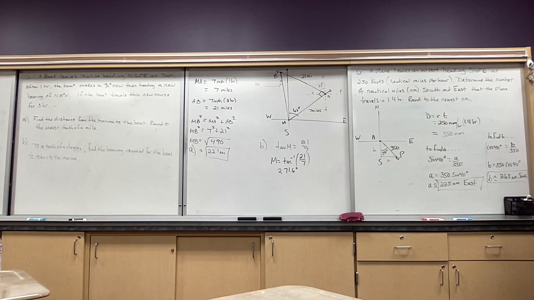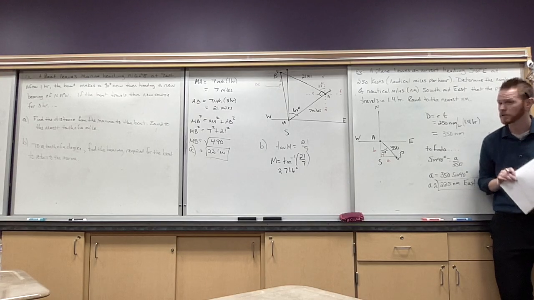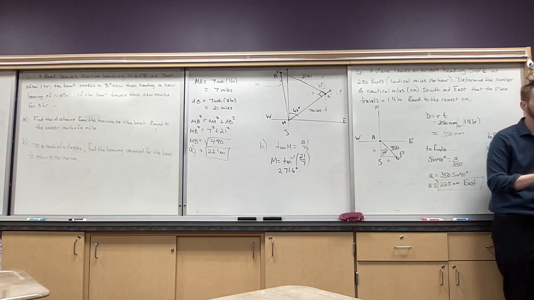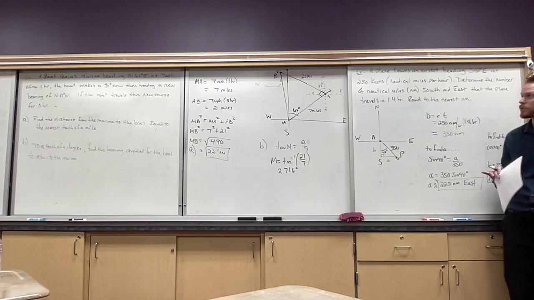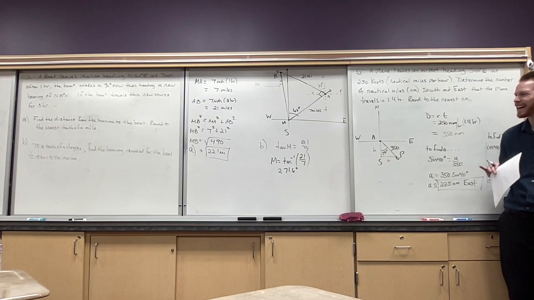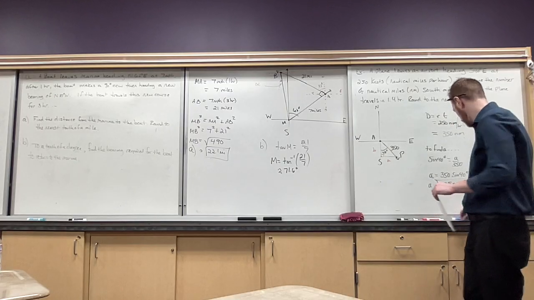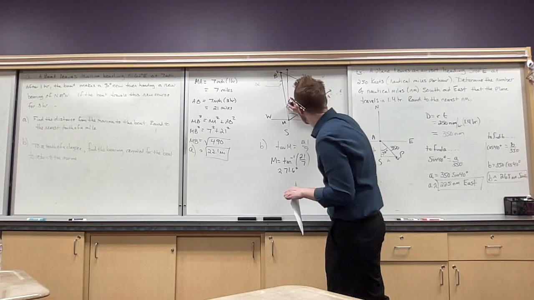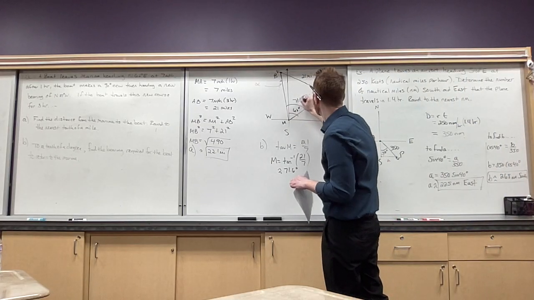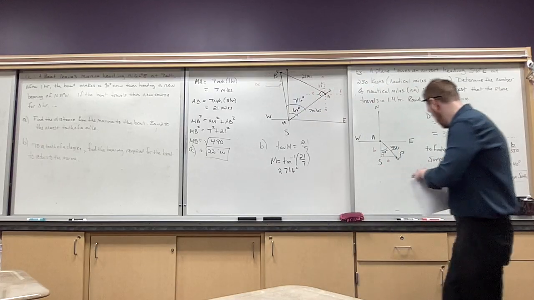I'm going to pause for a moment. Any questions so far on the setup and what we've done? The picture is key. Draw as accurate a picture as you can to help with this. So this entire angle, let's use blue, is 71.6 degrees.